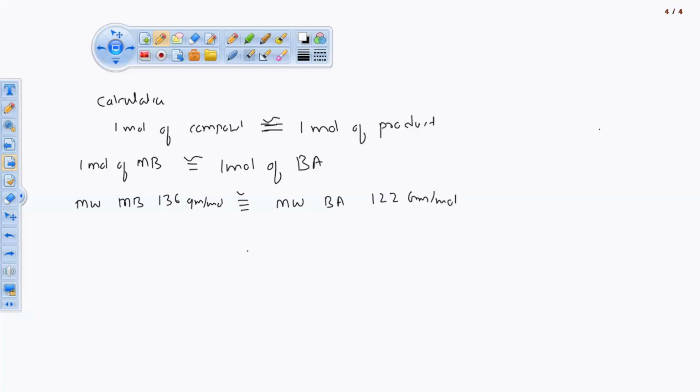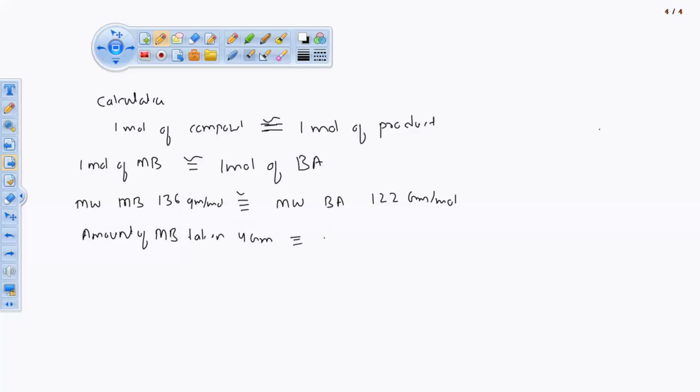इतना है अपने पास. Now how much amount of methyl benzoate we have taken to synthesize the benzoic acid? Example, in this reaction we have taken 4 grams. ठीक है. We have taken 4 grams.